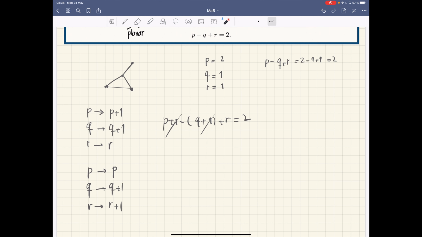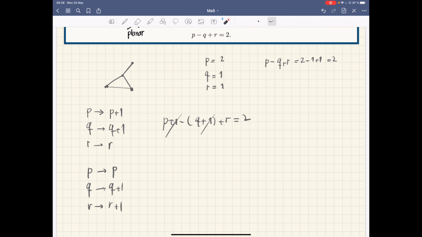If you start from a graph for which P minus Q plus R is equal to 2, if you start completing it, you will not change this number because there are only two possibilities. Either you add one edge with a leaf on that, which means you are increasing P by 1 unit, you are increasing Q by 1 unit, but you are not affecting R at all. So in general, the answer is again 2, because it was 2, it remains 2.